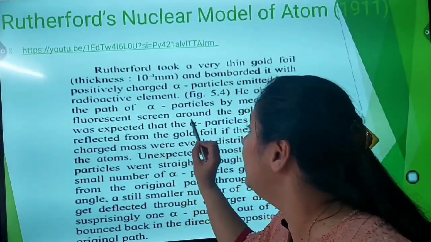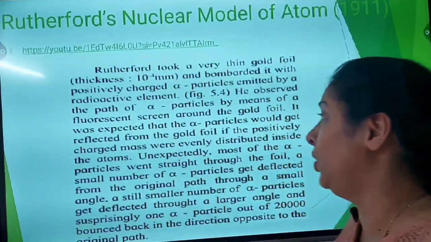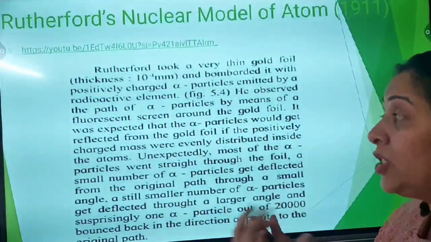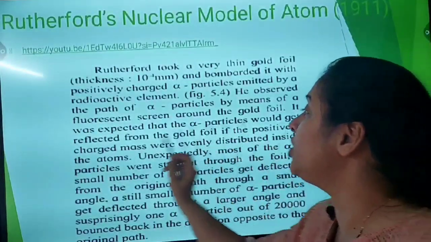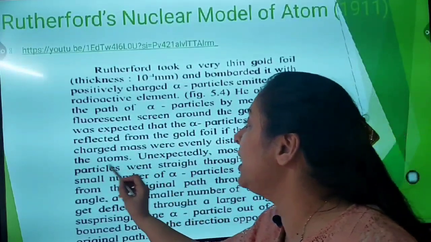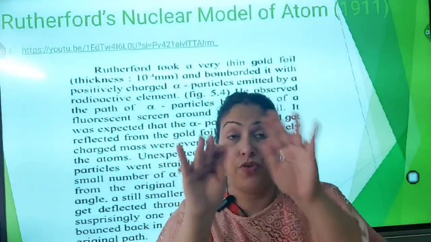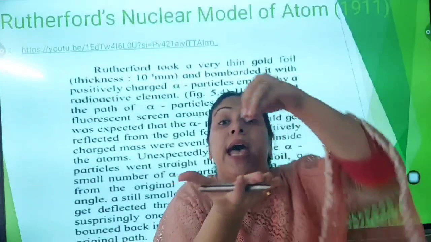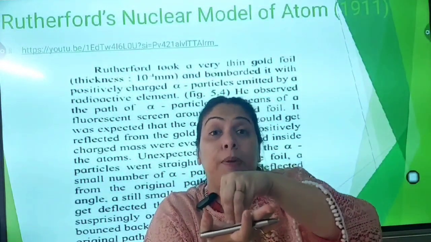It was expected that the alpha particles would get reflected from the gold. Okay, so they expected a reflection from the gold foil if the positively charged mass were evenly distributed inside the atoms. So what did Thomson put across? That there was an atmosphere and everything was positively charged and the negatively charged particles were embedded.